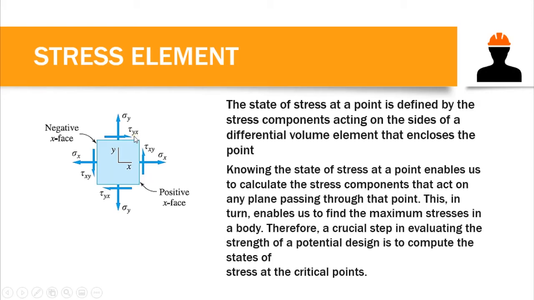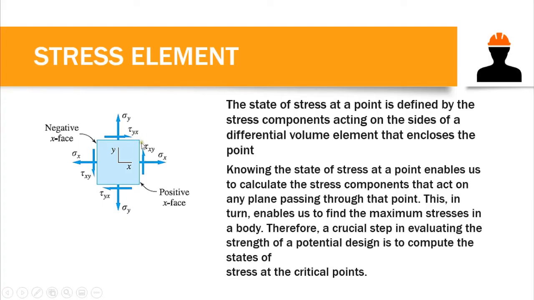Now this Y here describes the face of our stress element, so this is the shear stress on the Y face of our stress element. And this X here is the direction or orientation of our shear stress. Since our shear stress is horizontal, it is acting along the X-axis. Again, this is the shear stress on the Y face of our stress element, with an orientation parallel to our X-axis.